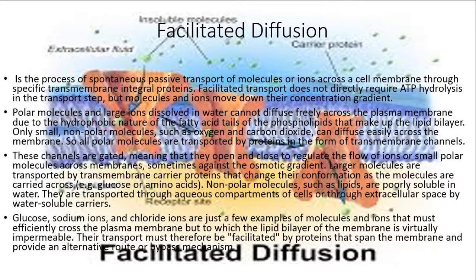So these are the proteins that help big or ionic substances or molecules to get in the cell. Facilitated diffusion doesn't require energy at all because molecules are moving down the concentration gradient.